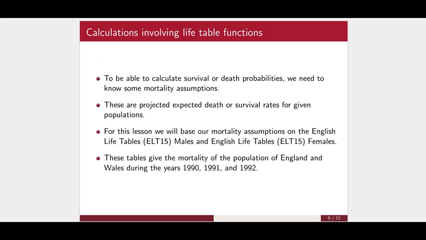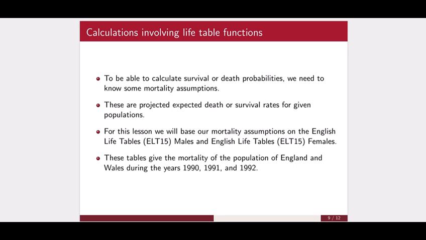After we know these links, we are now able to perform basic calculations involving these life table functions. To be able to do this, we need to be aware of the mortality assumptions that we would use. Mortality assumptions are just the projected expected death or survival rates for given populations. For this lecture, we will base our calculations on the English life tables for the males and female mortalities and survivals.